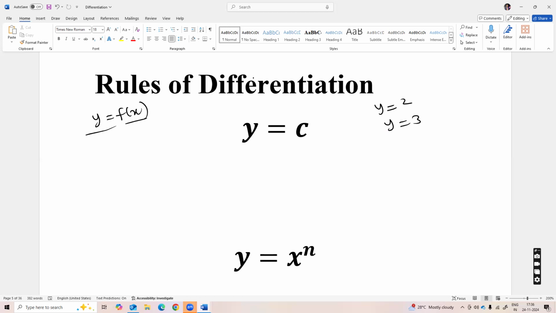So if you have y equal to 2, y equal to 3, or y equal to 1000, some constant value, then its derivative, which is given as dy by dx or y dash, is equal to 0. You can prove this by the above mathematical identity, but I don't think it is required now. You just remember that when the function is some constant value, then its derivative is 0.